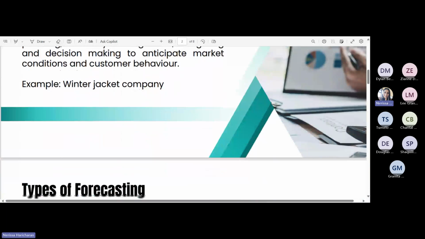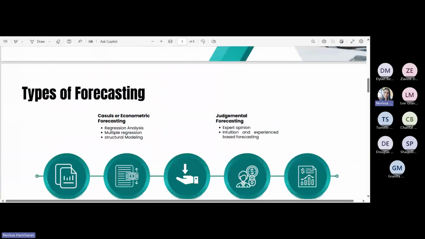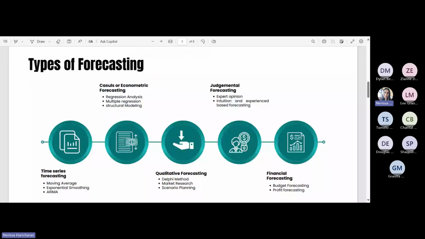Okay. So the different types of forecasting, number one, we want to look at something called time series forecasting.